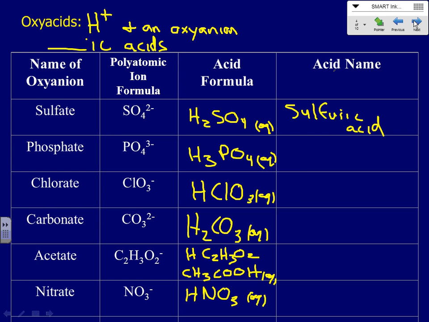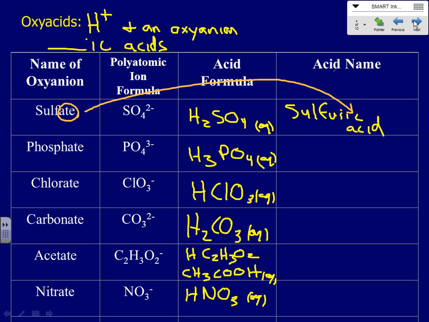So also notice, when I change the names, the ate ending turns into an ic ending. That's also an important thing. So sulfate becomes sulfuric, all right? Phosphate, what do you think it becomes?